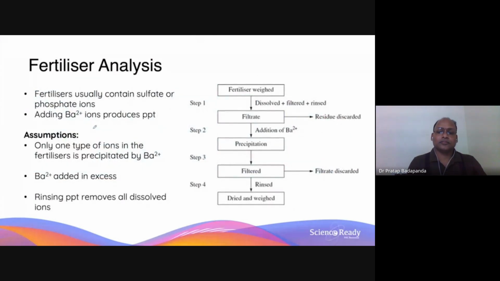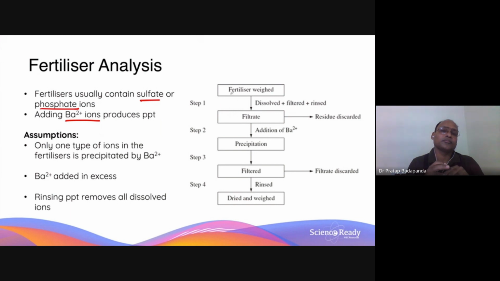Let's reinforce the sequence of steps using a common example, the analysis of a fertilizer. Fertilizers usually contain sulfate and phosphate ions, both of which easily form precipitates with numerous cations. One of these is barium ions. Precipitation gravimetric analysis is often used to quantify the amount of sulfate or phosphate ion present in a sample of fertilizer.